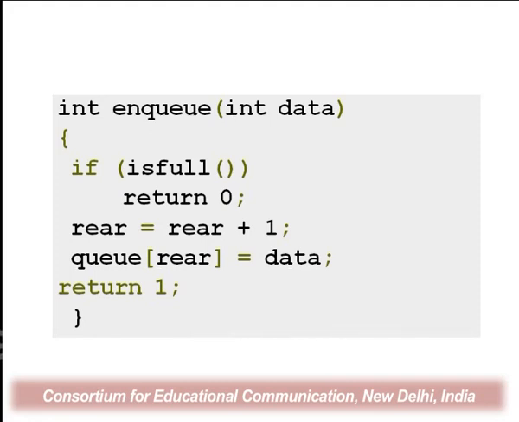If it is not full, then we add 1 to the rear value, that means we increment the rear index, and the data which is taken as a parameter into the NQ function is placed onto that rear index of the array Q, and then finally a flag, or we can say a success indicator, is returned, which is return 1. So, in this way we can implement NQ.